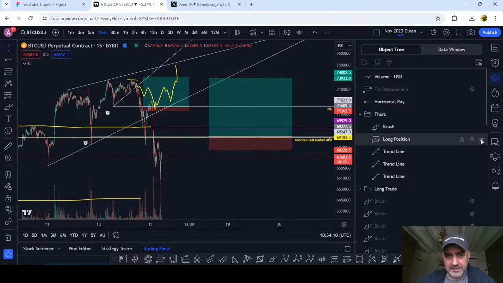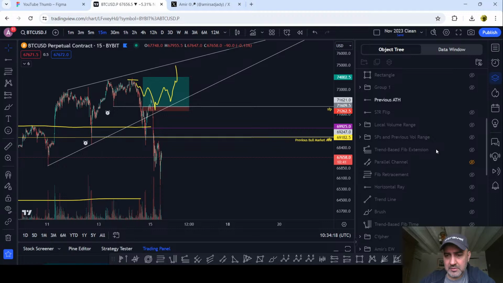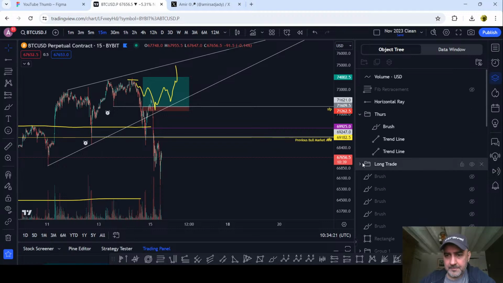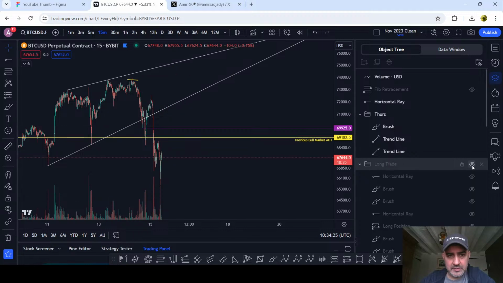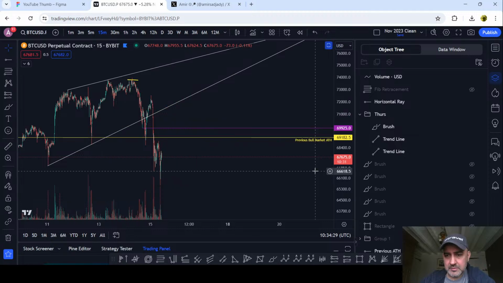And then get rid of these trade plans. We don't need those either. Get rid of those. Long trade. Get rid of that as well. Get rid of these as well.